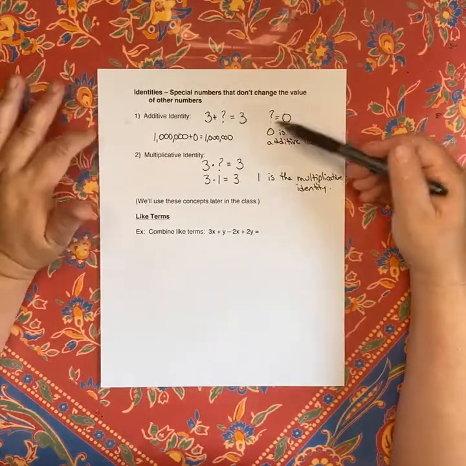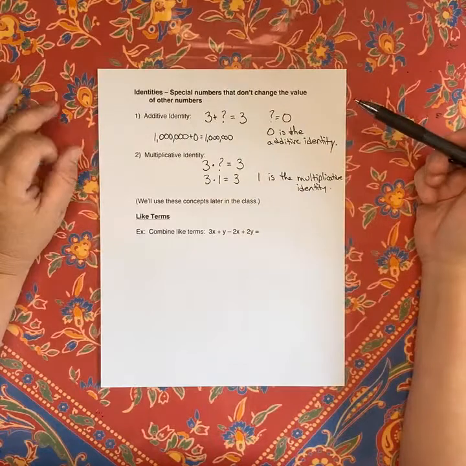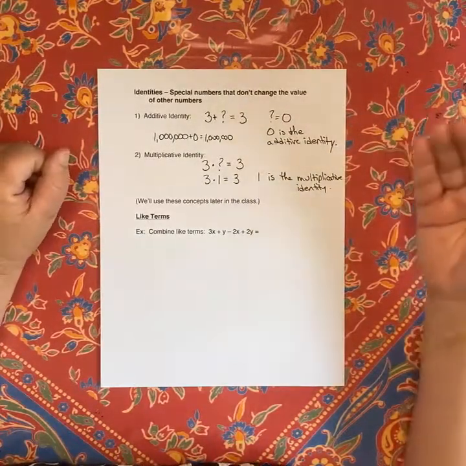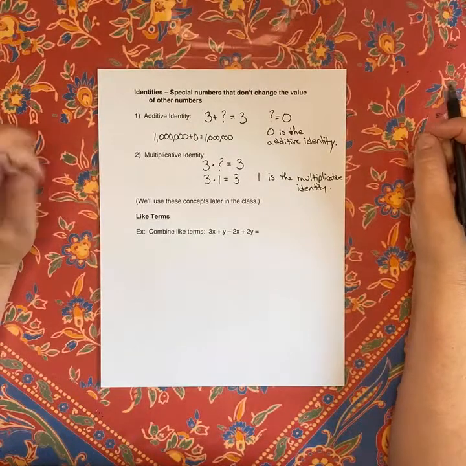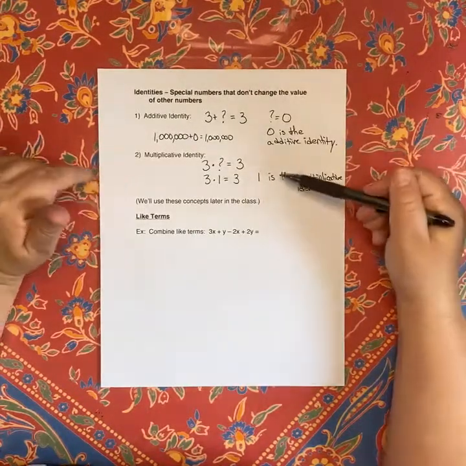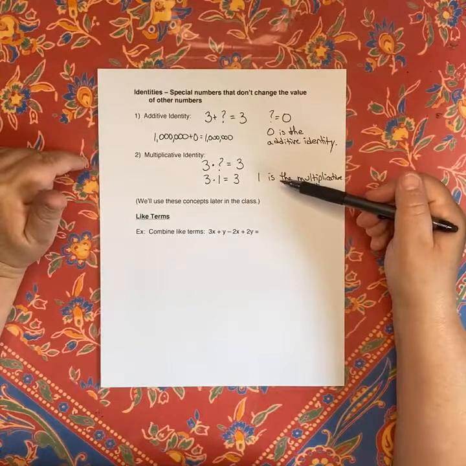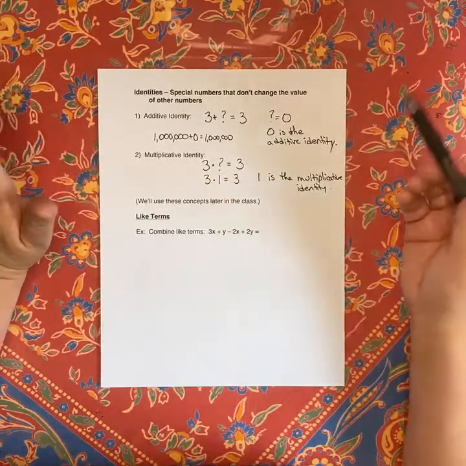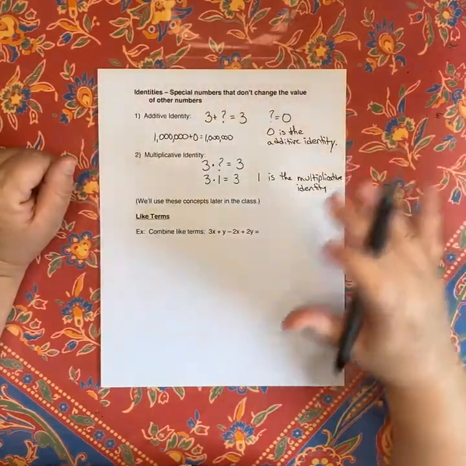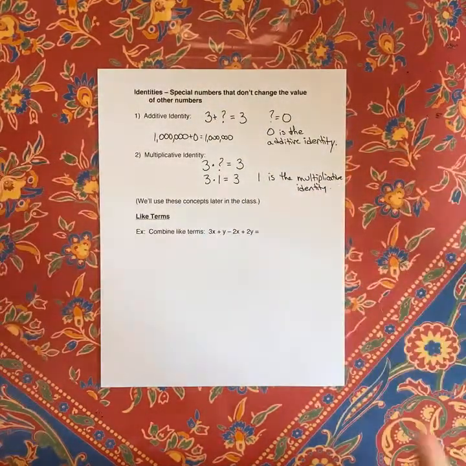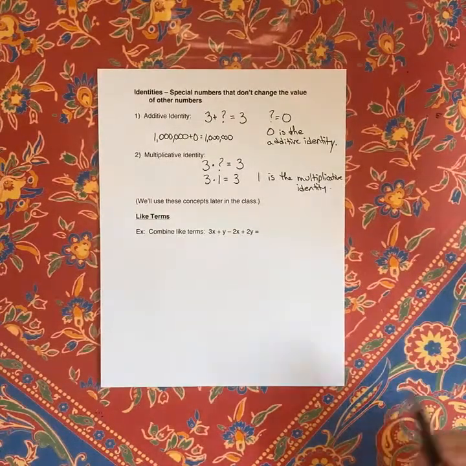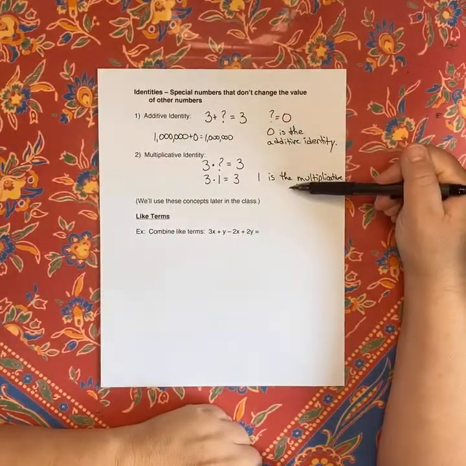So if you're going to be in an additive relationship with someone, get into an additive relationship with 0 because 0 won't make you change for the relationship. Isn't that lovely? And if you're in a multiplicative relationship with someone, get into a multiplicative relationship with 1. 1 won't try to change you. 1 will leave you and let you flourish as the beautiful person you already are. There we go. Okay, so we got 2 identities here.